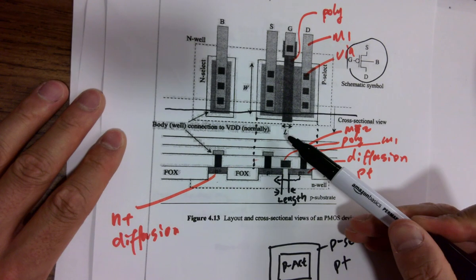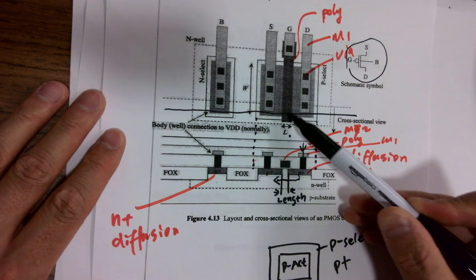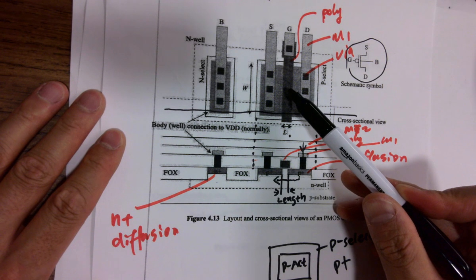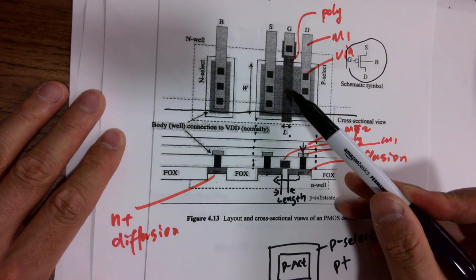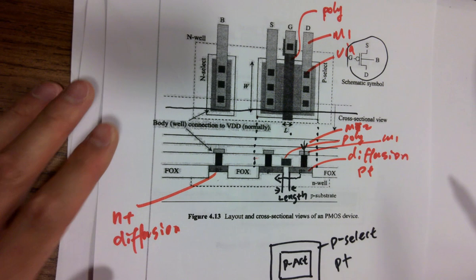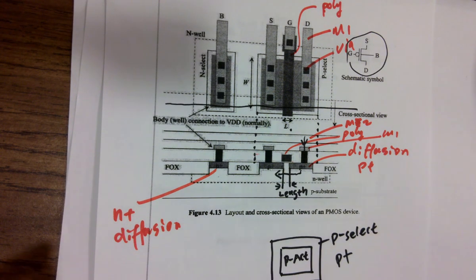Did you see this uppercase L? What is that? Length. That's a length. Okay? So it looks like the width of the wire, of the poly wire, but the width of the poly wire defines what? The length of the channel. Okay? Because it blocks the P plus diffusion getting to the wafer.